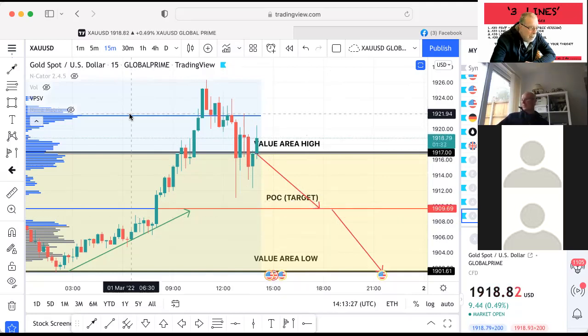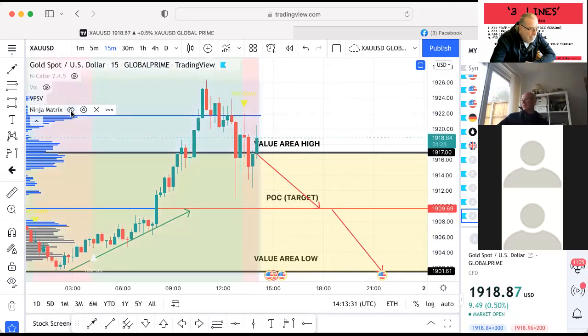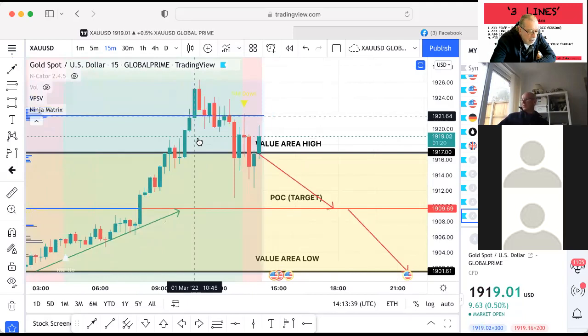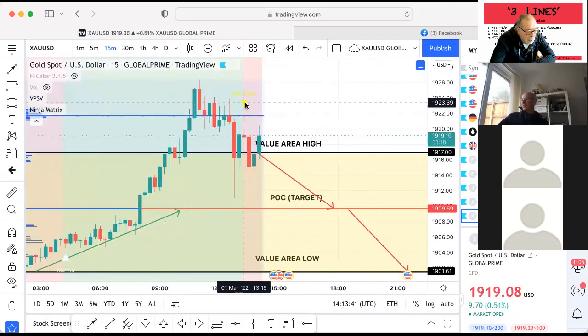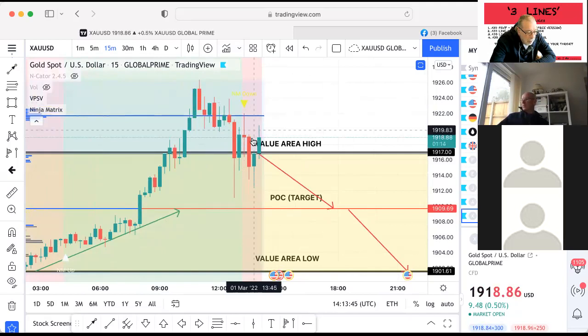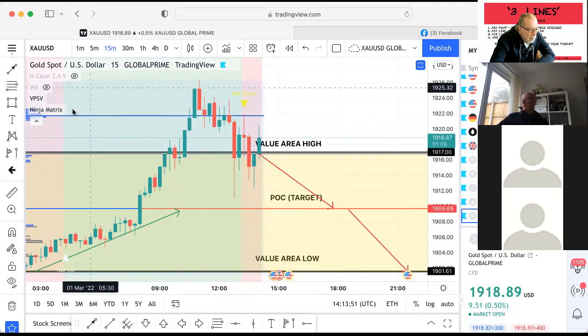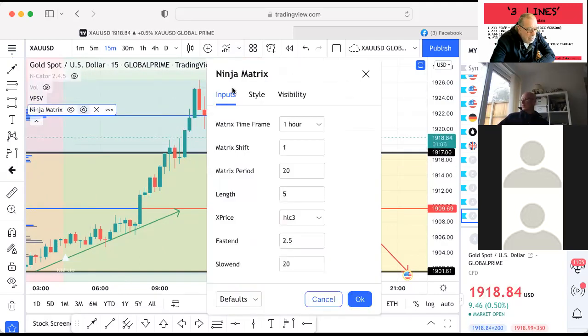I would rather be safe than sorry, take those pips, get out, then reassess and get back in again there. Before I finish, let me just look at my checklist. So here's the Ninja Matrix. It turned to a Ninja Matrix down at that point, and it's still red, so it's still indicating that we should be looking at sells. Let me just check my settings. I think I was on the right set. Yeah, I'm on the 1 hour setting.